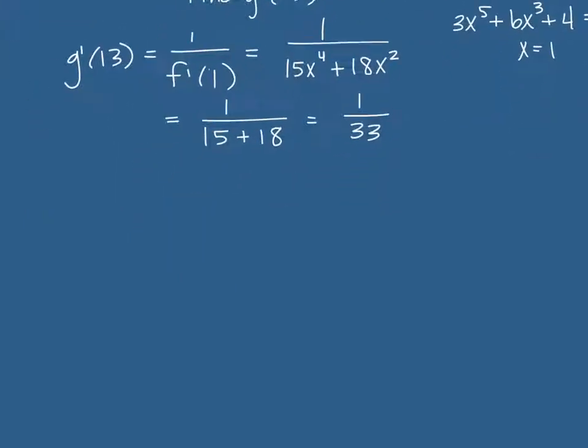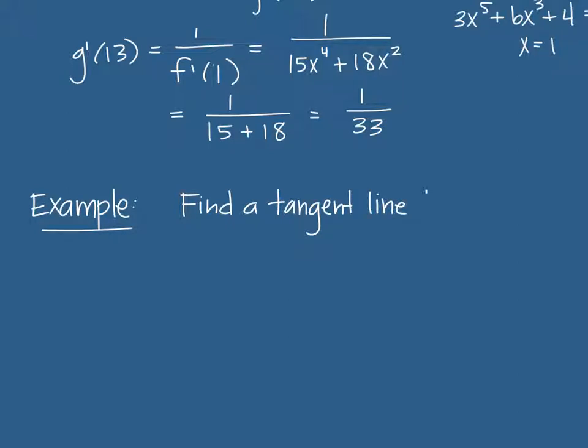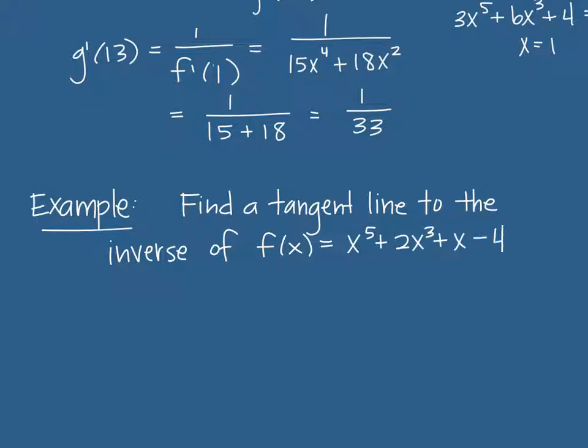Okay, let's try one more. All right, find a tangent line to the inverse of f of x equals x to the 5th plus 2x to the 3rd plus x minus 4 at negative 4, 0.